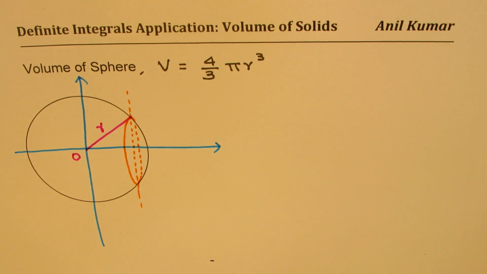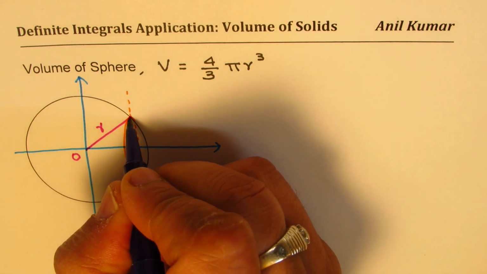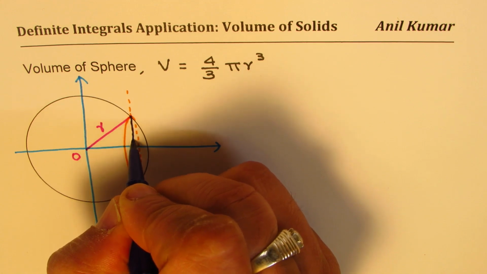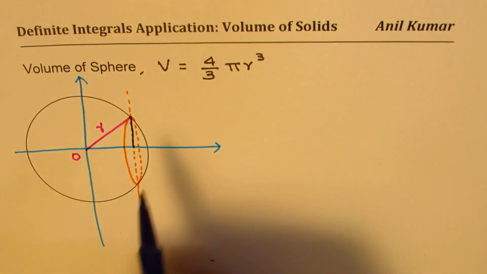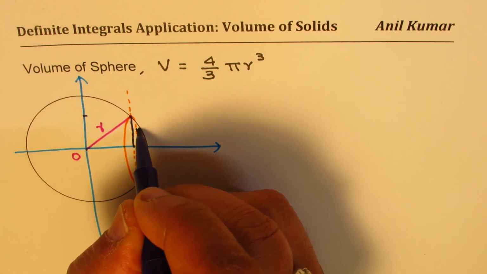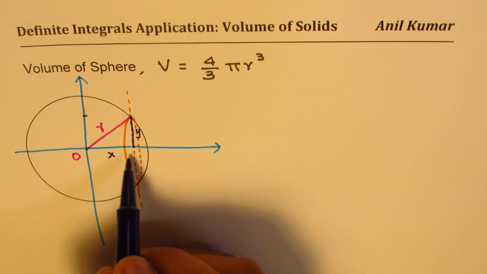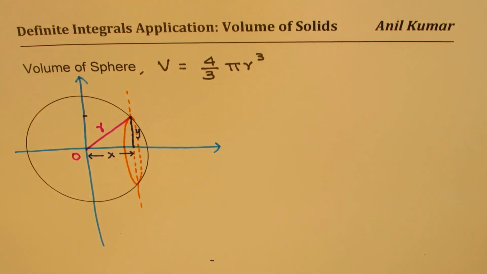Now it gives you more of a look of a sphere, right? So what we have done here is that we have cut a slice out of this sphere. So that becomes the height of this slice, which we can say is, let us say, y. And let us say that we have cut this slice x distance away, right?